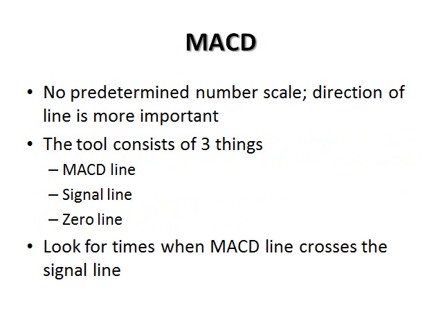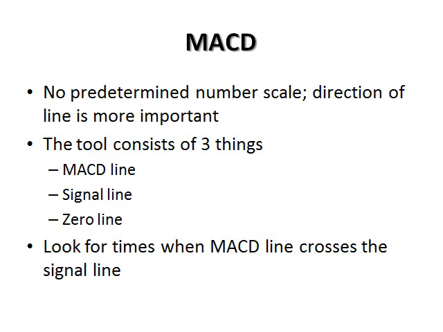So now we move on to exactly what the MACD chart will look like. One thing you'll notice when you look at many MACDs is that there's no predetermined number scale. So it's the direction of the lines or trends that is more important. You'll notice the tool also consists of 3 main things.